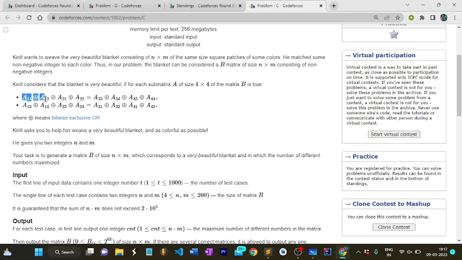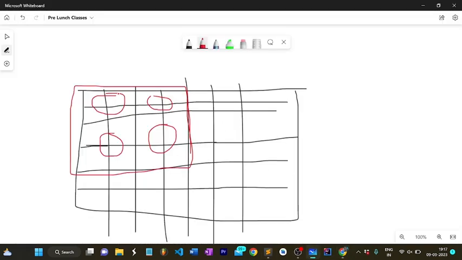So here it is saying that a[1][1], a[1][2], a[2][1], a[2][2], the XOR of this part should be equal to the XOR of this part, and similarly the XOR of this 2 cross 2 matrix should be equal to the XOR of this 2 cross 2 matrix. So this is what the problem demands from you.